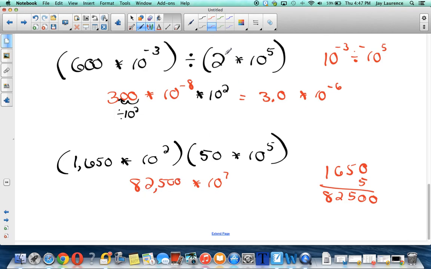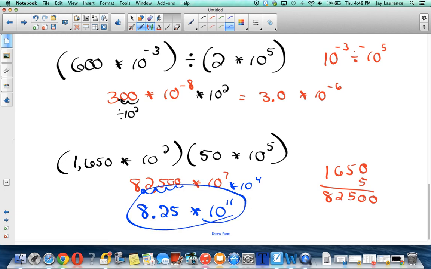I'm not in scientific notation. My decimal point is here, but I need it here. So my number in scientific notation will be 8 2500ths times 10 to the, let's see, what did I divide by? I divided by 10, 10 squared, 10 cubed, 10 to the 4th. So I'm going to multiply by 10 to the 4th here. So that'll be the 11th power, and there you go.